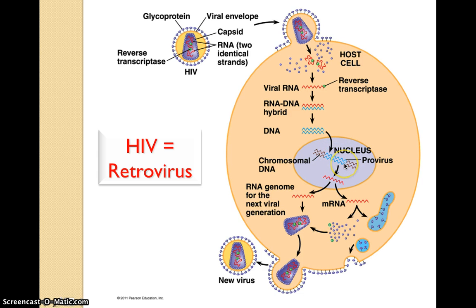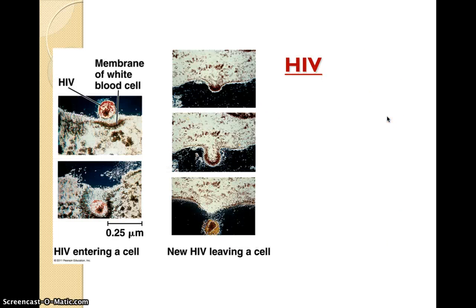From there, normal things happen: transcription happens, and you have newly synthesized mRNA, which will either become the coat, the envelope, the capsule, or the mRNA itself. The mRNA would eventually be isolated and join with the envelope, alongside the capsule, and be released as a new virus like this.